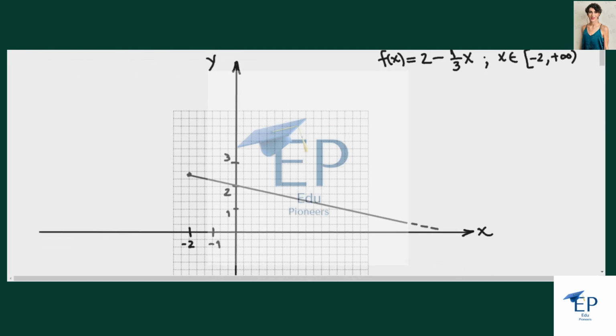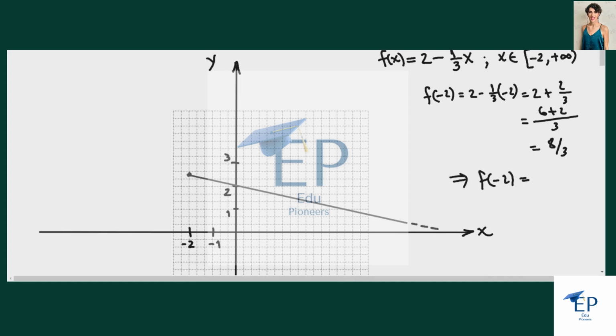So at x equal -2, the image is 2 minus 1/3 times -2, which is 2 plus 2/3, and that is 3 times 2 is 6, plus 2 is 8/3. So the image at -2 is 8/3.